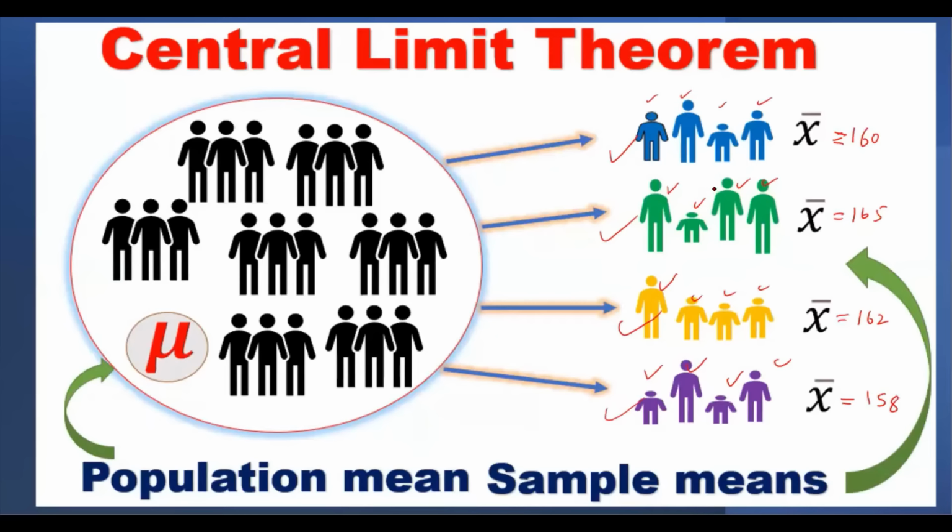That way, we'll take so many samples. Instead of one sample mean, now we have so many sample means. If you have so many sample means, then only you will be able to draw a graph and see how many sample means are close to mu, how many are far away from mu.